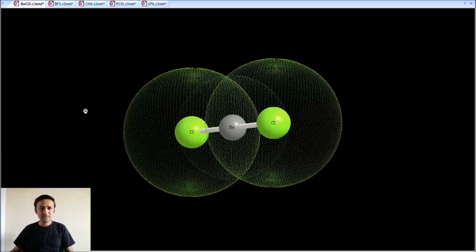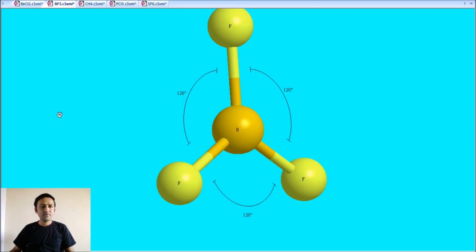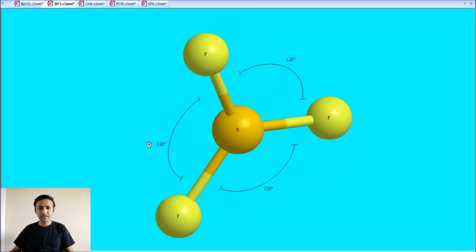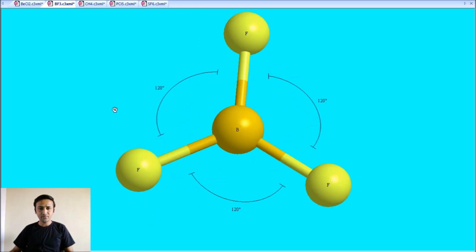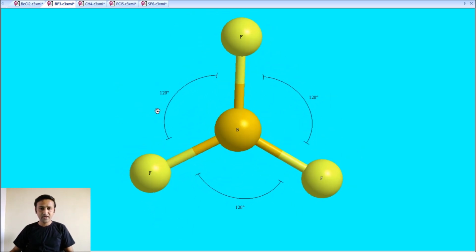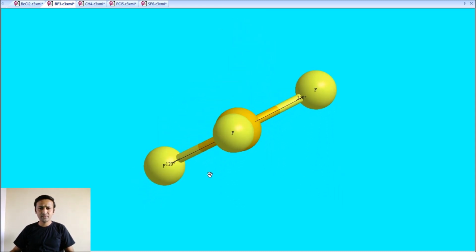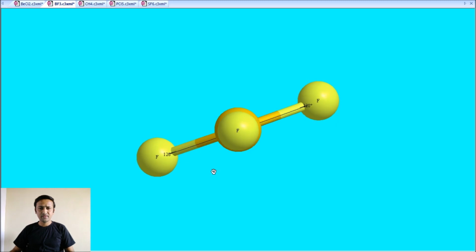The next example is of the type AB3. If you take an AB3 type of molecule, the best example is boron trifluoride, BF3. In the case of BF3, you can see this is a planar geometry. The reason for that is you can see all atoms are in the same plane.